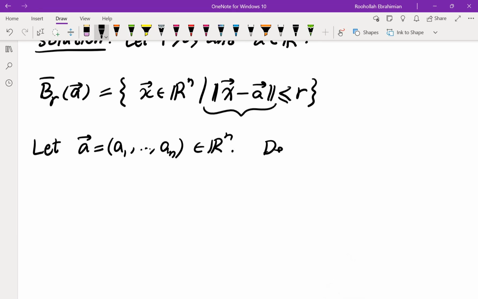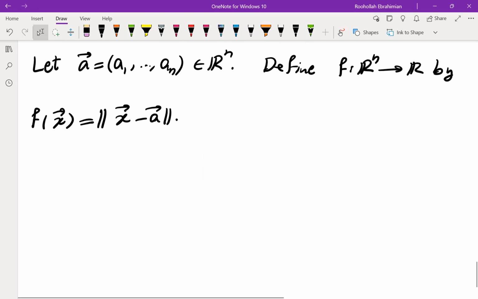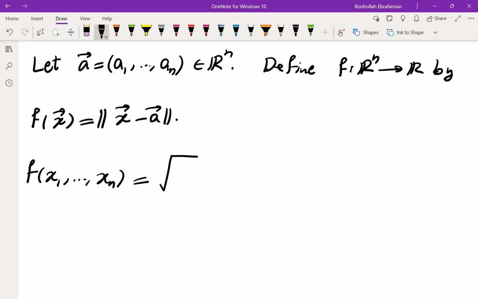So define f from Rn to R by f of x equals the distance between x and a. Now, note that f of x, if you write it down, is the square root of (x1 minus a1) squared all the way to (xn minus an) squared.